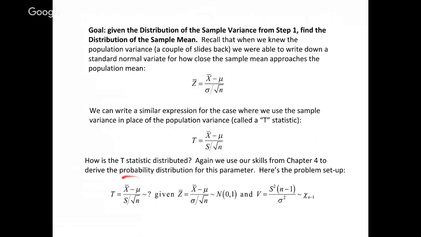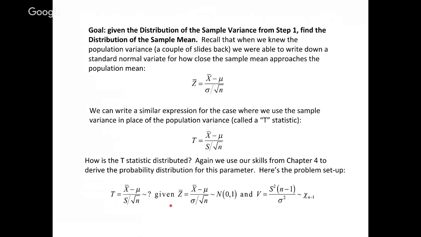So here's the bottom line. We know that t is given by this expression, and we want to find out how it's distributed. We know from previous slides that z bar is a standard normal variate. We also know that the variance, which we're expressing here in a normalized way in terms of v, is distributed like a chi-square distribution.